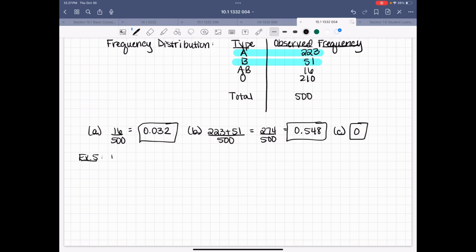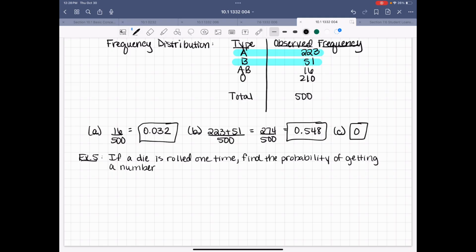And it says, if a die is rolled 1 time, find the probability of getting a number greater than 2 or an odd number.